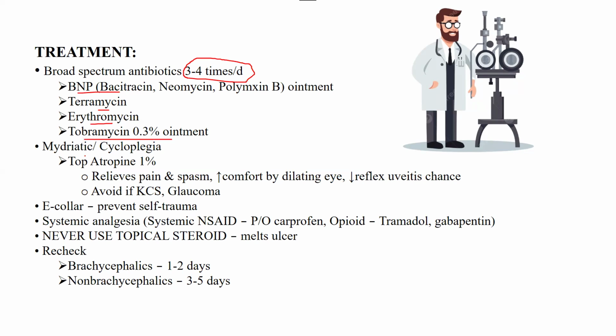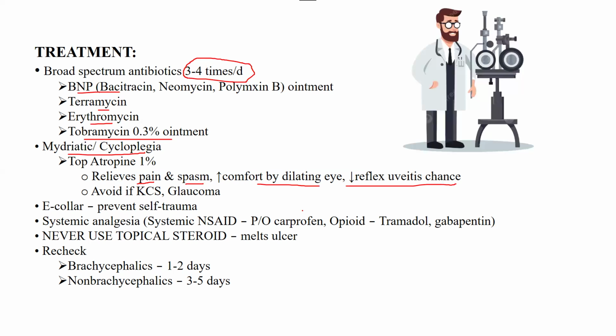The second thing is mydriatic cycloplegic agents like atropine. Why atropine? Because it relieves the pain and spasm, and it increases comfort by dilating the eye, and it reduces the chance of reflex uveitis. So atropine is very necessary to relieve the pain and spasm in the eye.